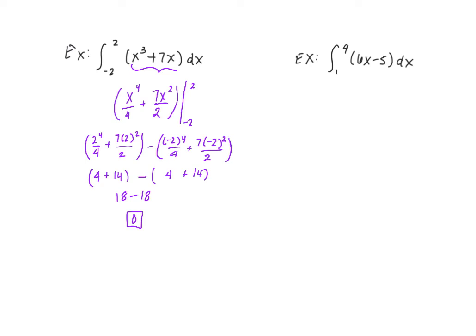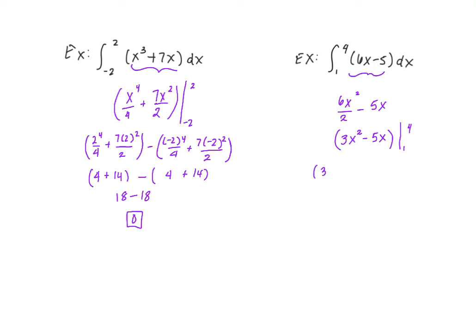And the last example we're going to do today is 6x minus 5. The integral of 6x minus 5 is 6x squared over 2 minus 5x. And I'm just going to simplify that a little bit: 3x squared minus 5x. I'm going to evaluate that from 1 to 4.